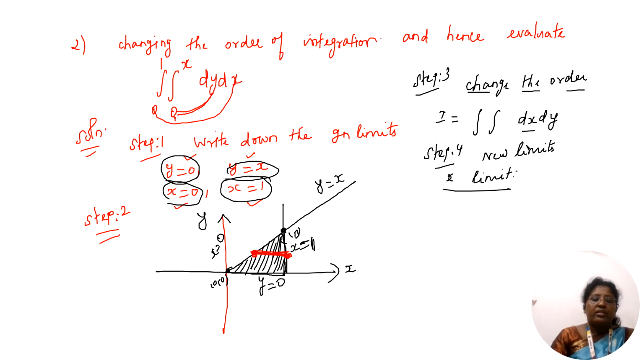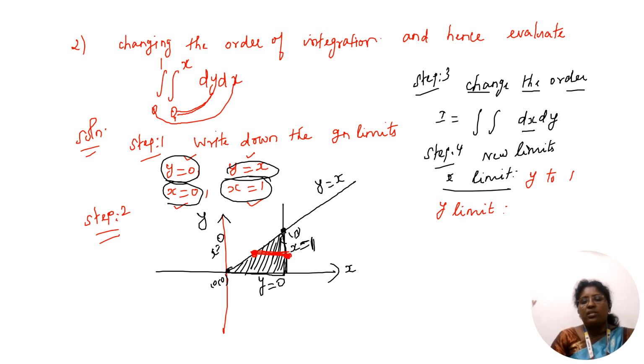The left end touches the line y equal to x. Along this line, what is the value of x? x is equal to y. So the limits start from y. The right end of the horizontal strip touches the line x equal to 1. Along this line, the value of x is 1.